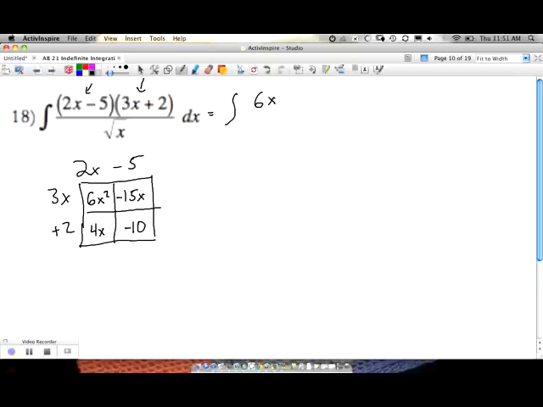So I'm going to simplify this by separating it into multiple terms. We'll have 6x squared over x to the 1/2, minus 11x to the first over x to the 1/2, and minus 10 over x to the 1/2.